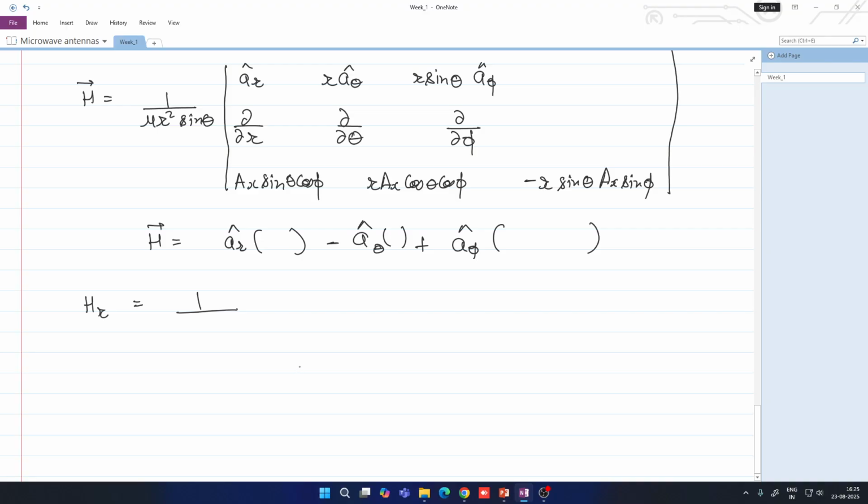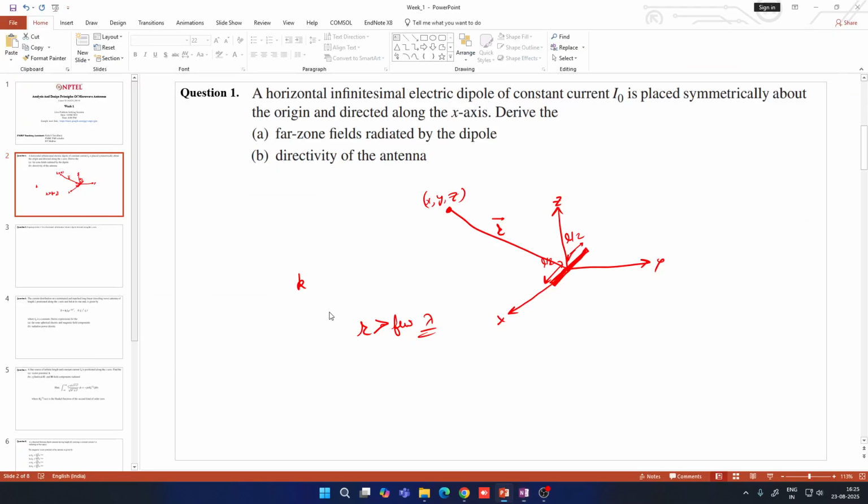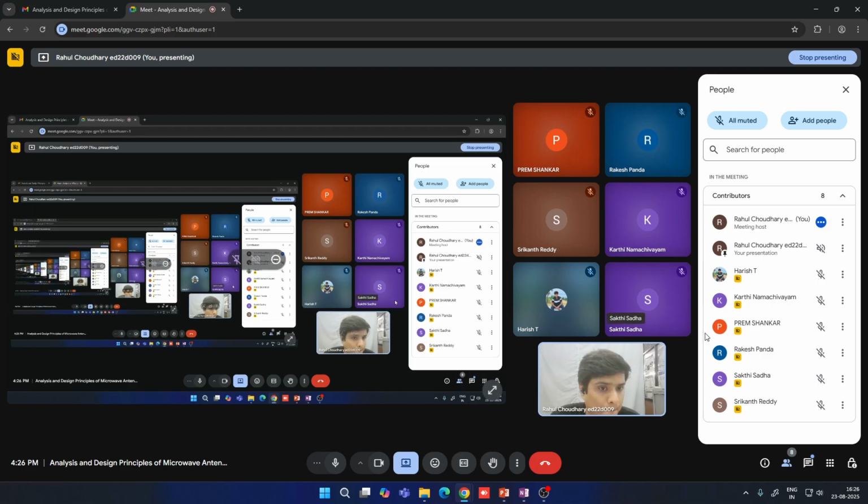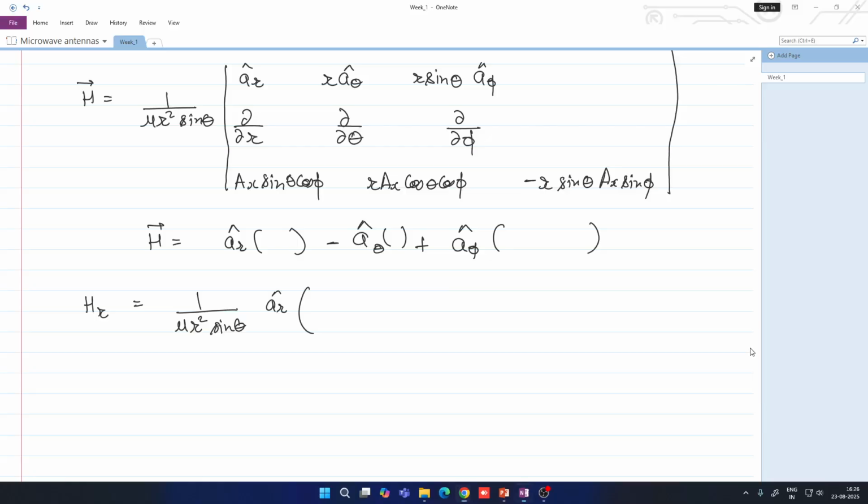So I'm writing the H along the r component: 1 by mu r square sin theta a r cap, times dou by dou theta of minus r sin theta A x sin phi, minus dou by dou phi of r A x cos theta cos phi.